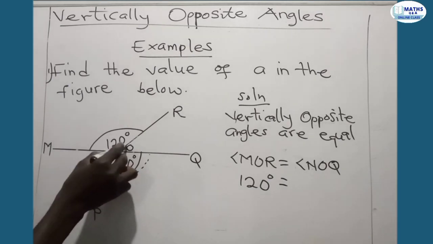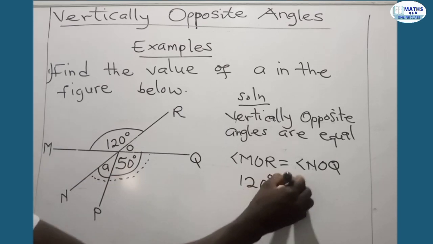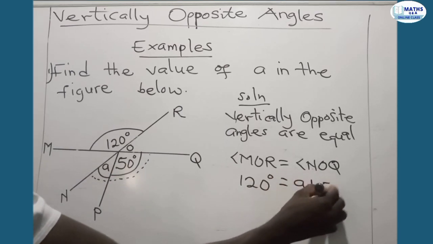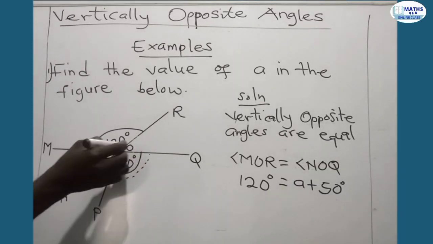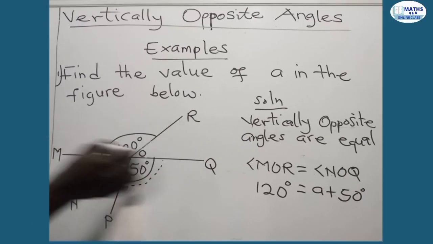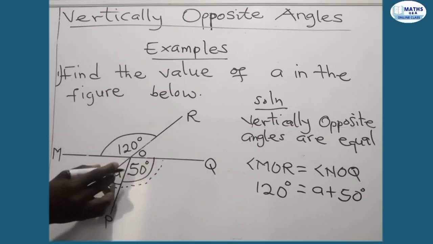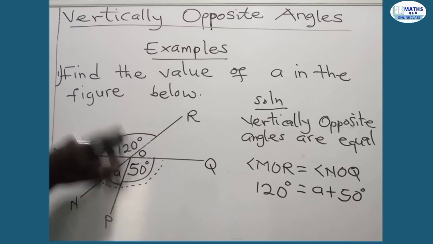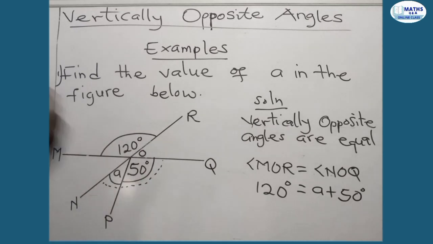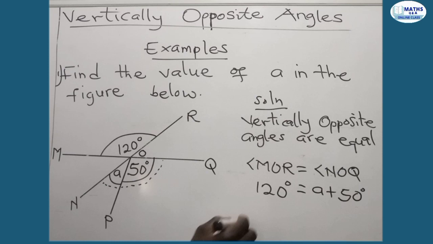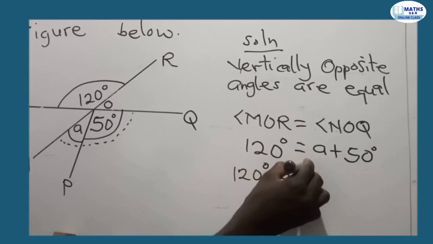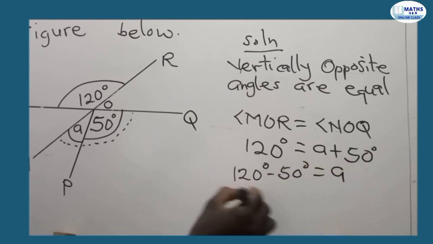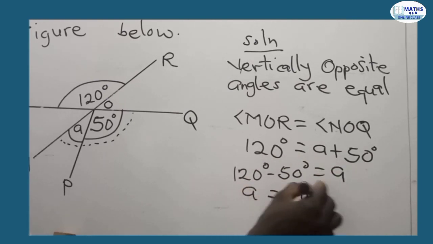Angle NOQ, this angle, right? And what are the angles? We have A plus 50 degrees. So if you add these two, you get an angle produced by the two straight lines that are meeting, okay? A plus 50 degrees directly opposite to what? 120 degrees. Now over here we group like terms. So we have 120 degrees minus 50 degrees, which is equal to A. In that case, A gives us what? 70 degrees.